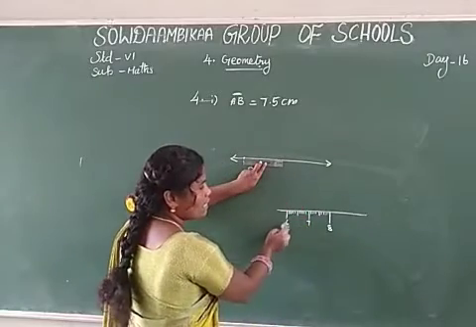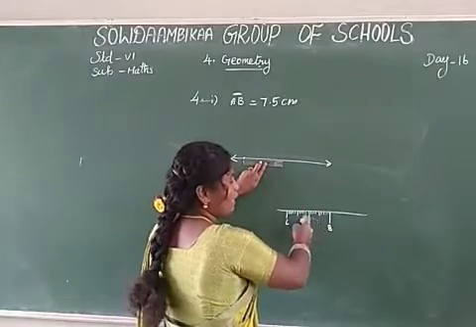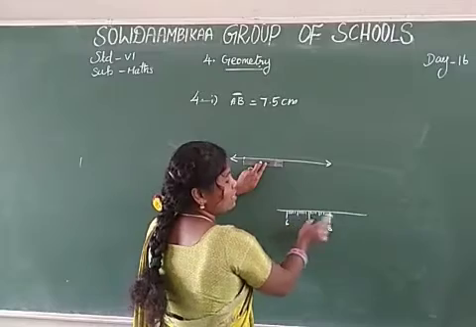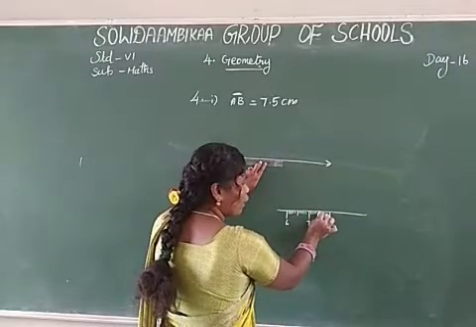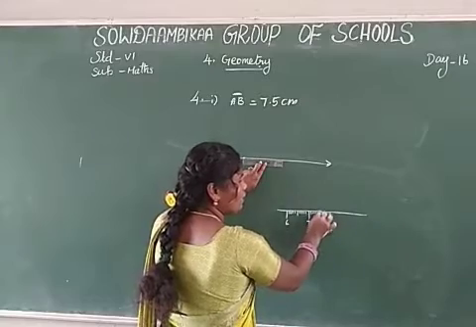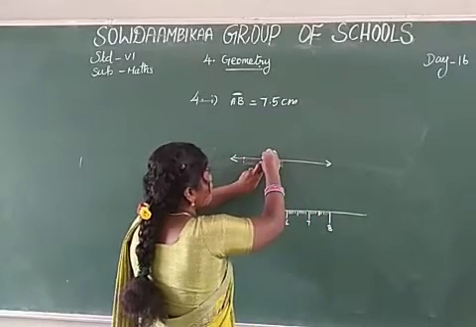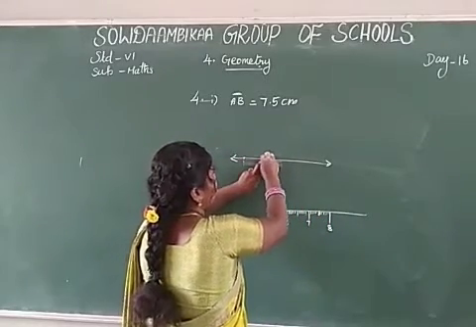See carefully: the centimeters are the bigger lines and the millimeters are the small lines. So 7.5 is between 7 and 8. So put the point at 7.5.